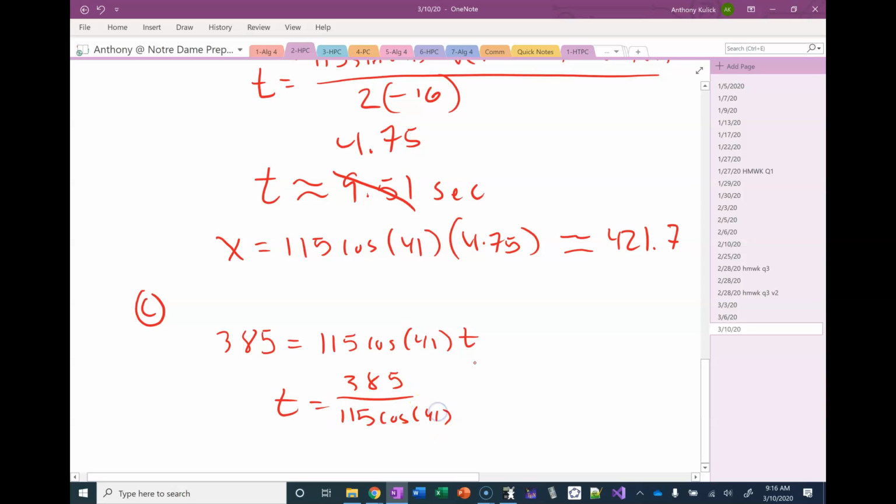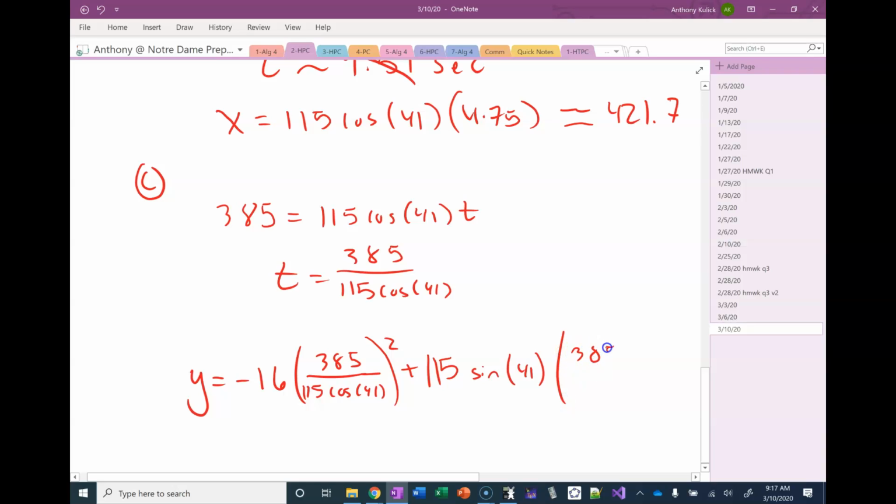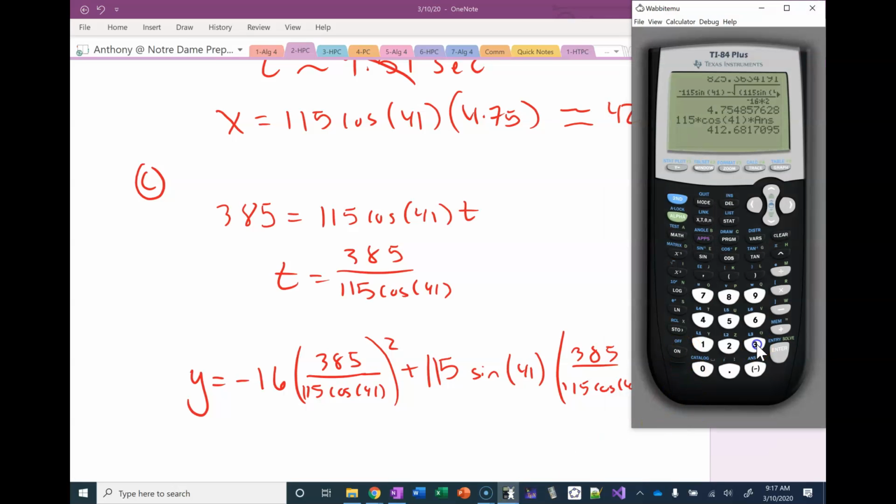And I'm going to plug that into the y equation for t to see how high the ball is going to be at that distance. Because if the ball is over 20 feet at that distance, then it's going to clear the fence. If it's less than that, it's not. Okay with that, Maddie? Okay.